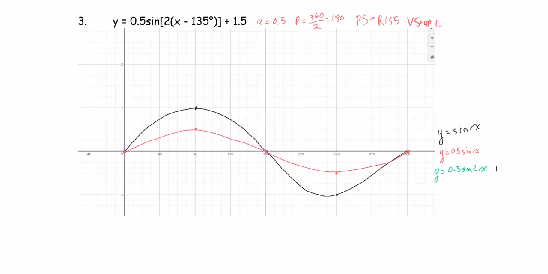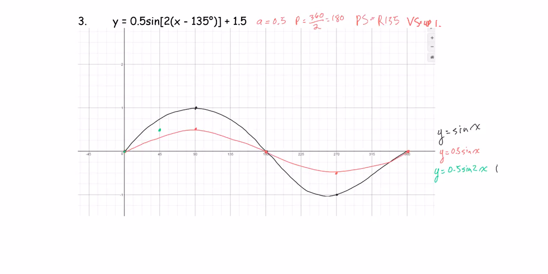So we're going to look at all the key points for this graph here. Y equals sine of x. And we're going to cut down all of the x values by exactly 1/2. So half of 90 going back is going to be 45.